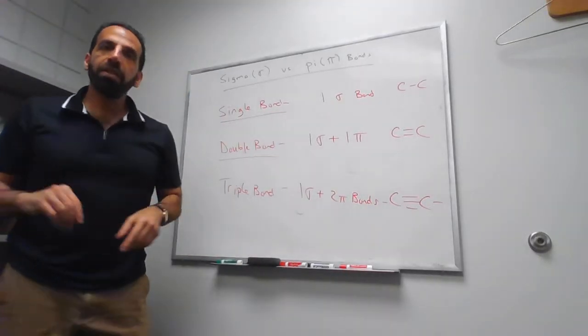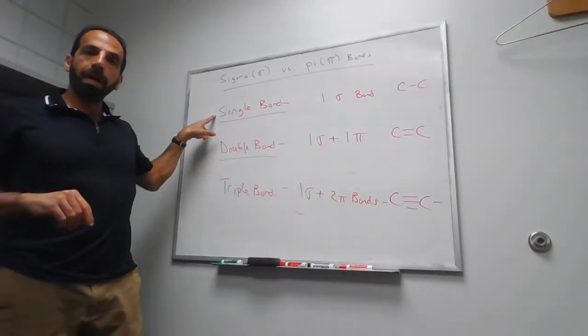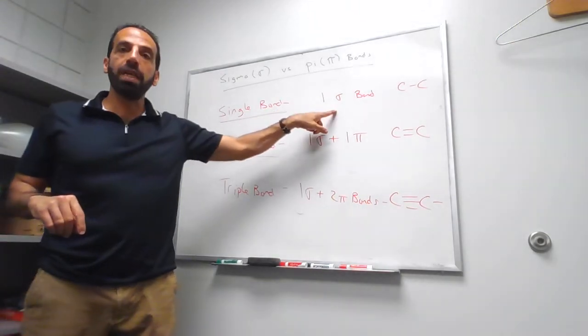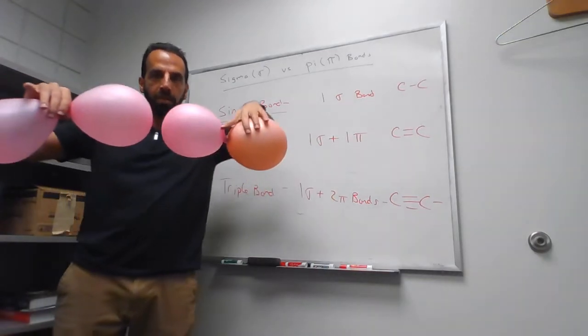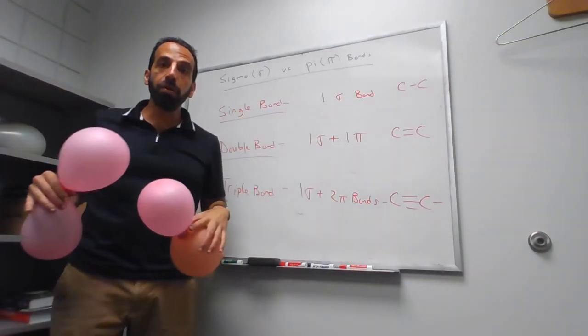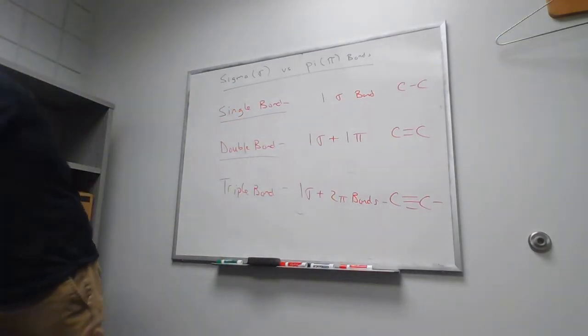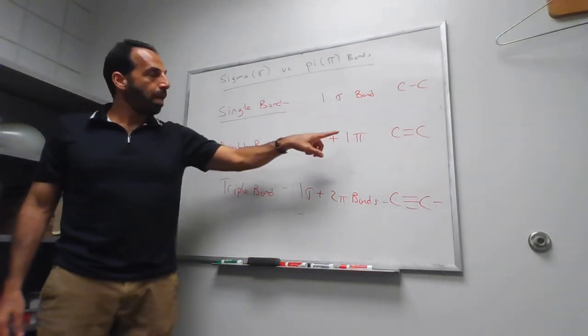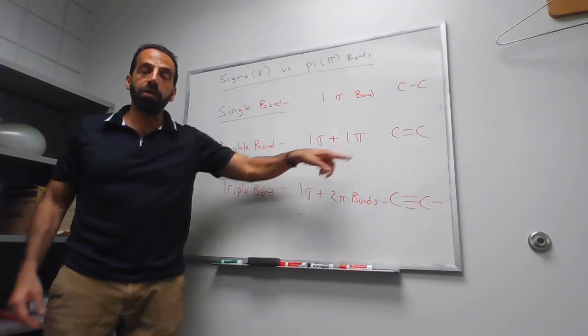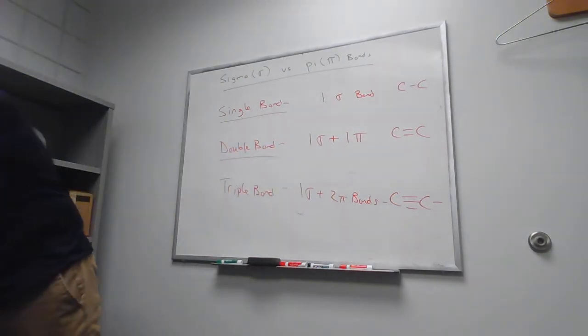So just to finish this up, a single bond is made up of one sigma bond. Whenever you have a single bond, it's made up of this overlap along the internuclear axis. Now, if you have a double bond, you have one sigma plus one pi. They have to have both.